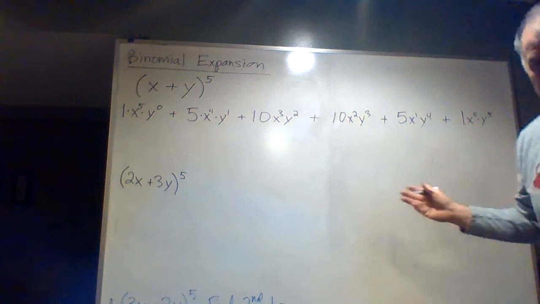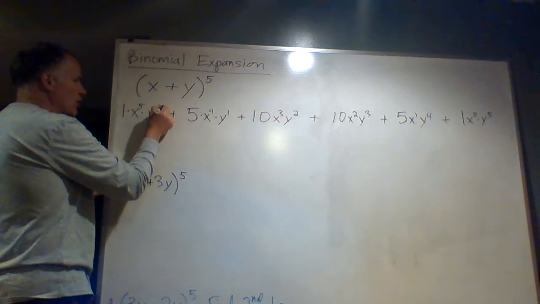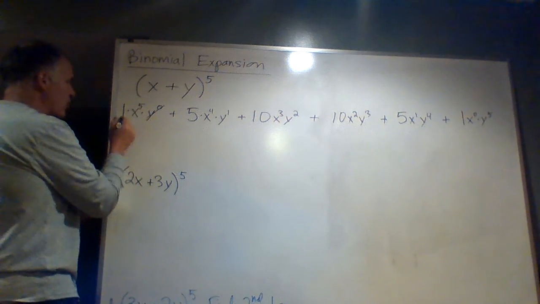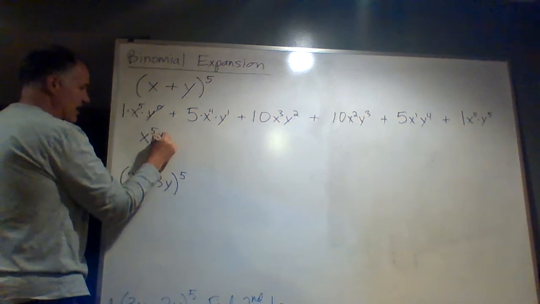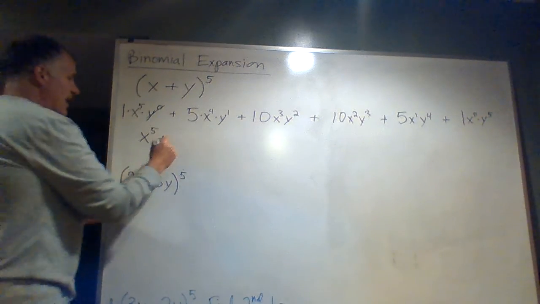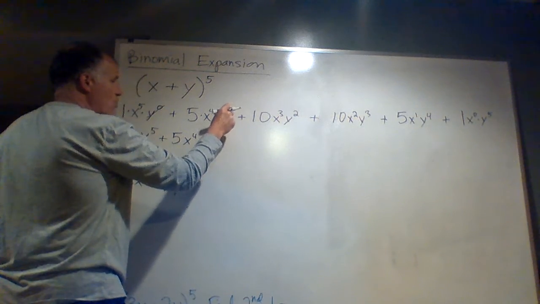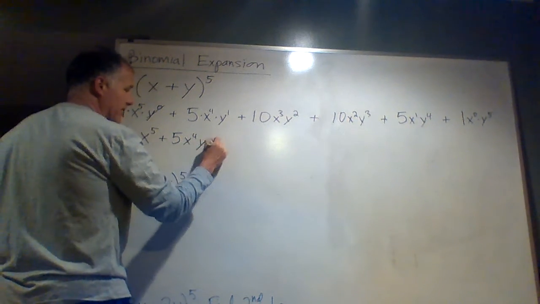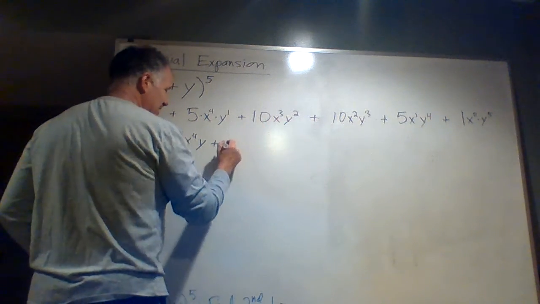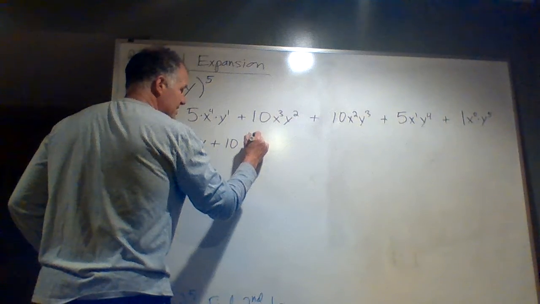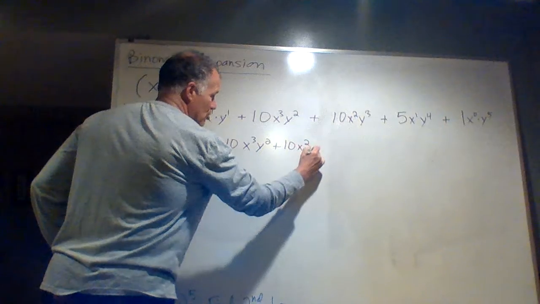Okay? Now all we need to do is simplify here. Remember, anything to the 0 power goes away. So I can cross out that y0. The 1, remember, the 1 really doesn't do anything. So just x5. Now here, 5, x4, and then remember y1, I don't need that exponent of 1. So 5, x4, y. Now, nothing is going to change on these next two. 10, x3, y2, 10, x2, y3.